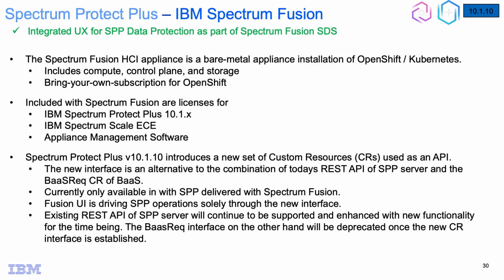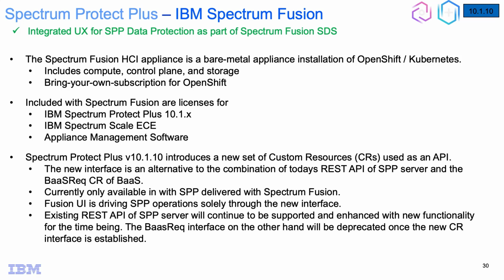This is a bundle of products that lets you do container management and implementation in a hyper-converged infrastructure. So it includes everything you need to run OpenShift and to have the storage and the data protection infrastructure necessary to do that.